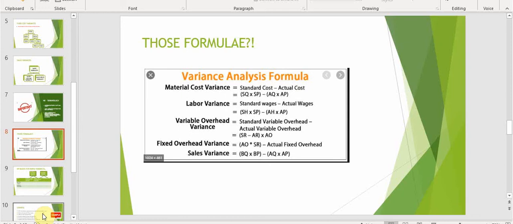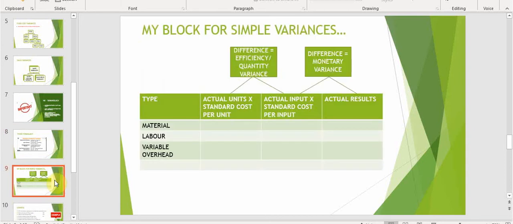So I avoid teaching standard costing by applying the formula. What I do instead is I talk about the table, or the block. So this is the block that I like to use when I explain standard costing. It makes it very, very simple.